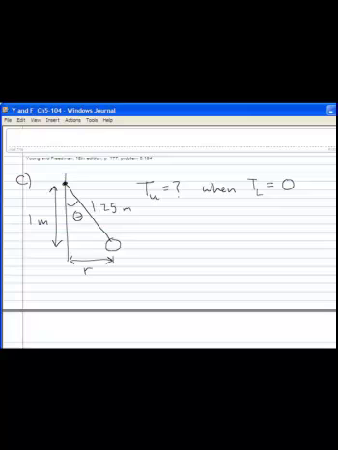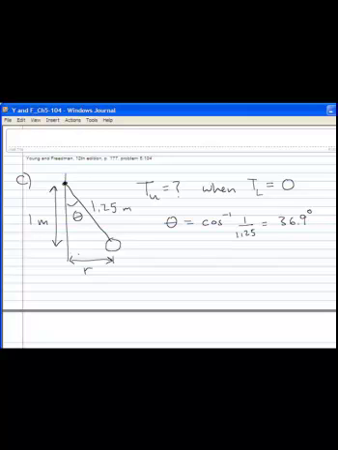The dimensions are given, so we can figure out what theta is. Theta is the inverse cosine of 1 over 1.25.